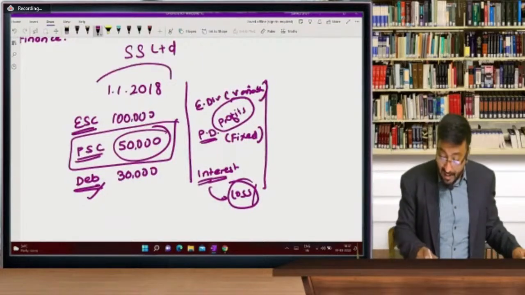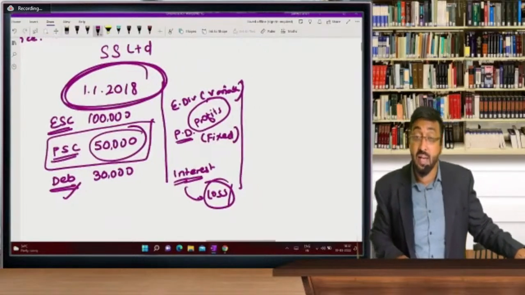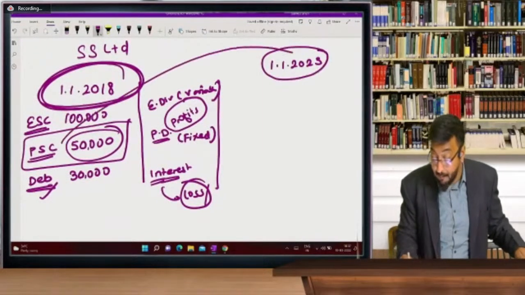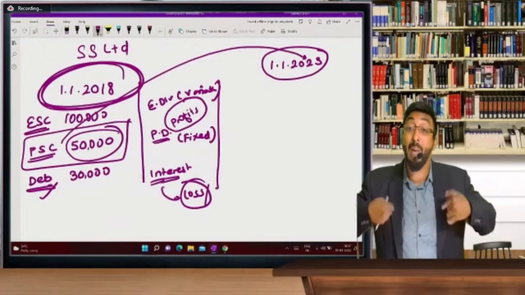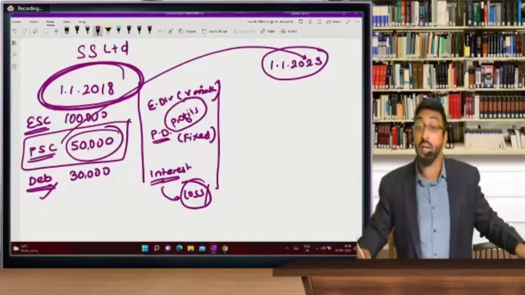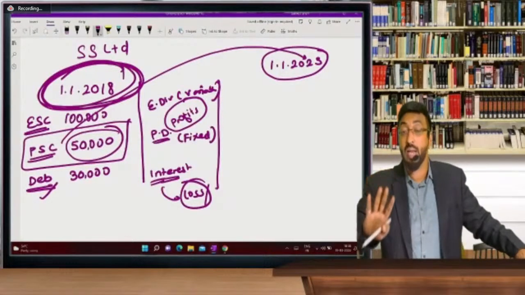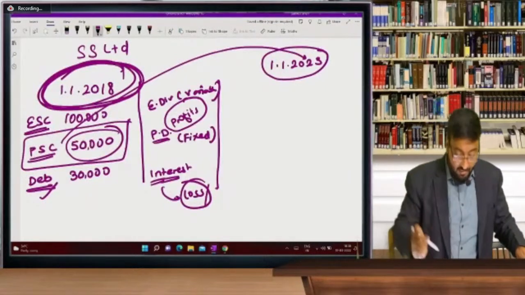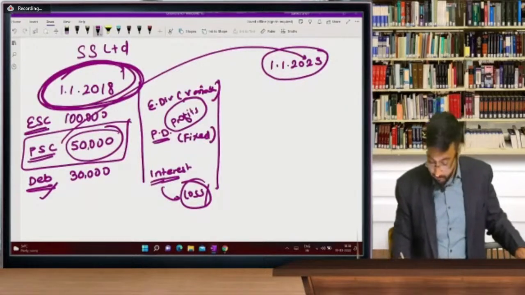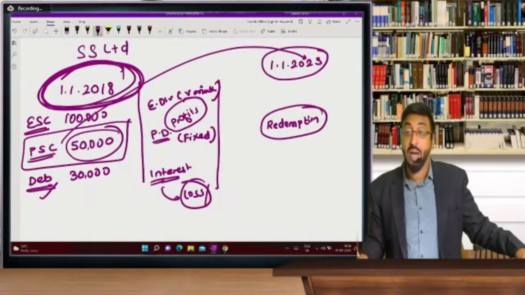But beta, we are not passing entries on the date of 1/1/2018. We are passing the entry on 1/1/2023, when we give our preference shareholders their money back. We told them this in advance, on 1/1/2018 itself, that we are going to return your money, and this is called redemption.